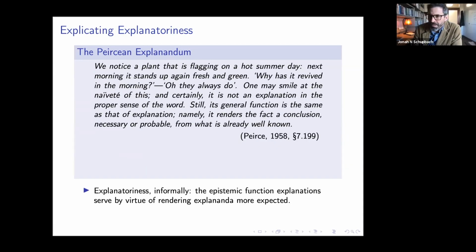So informally, if we were to give a sort of informal description of what the explicandum is now that we're interested in explicating, it's this: explanatoriness in the sense of the epistemic function that explanations tend to serve by virtue of rendering explananda more expected for us, increasing the degree to which we would expect this fact that needs explaining to be true.